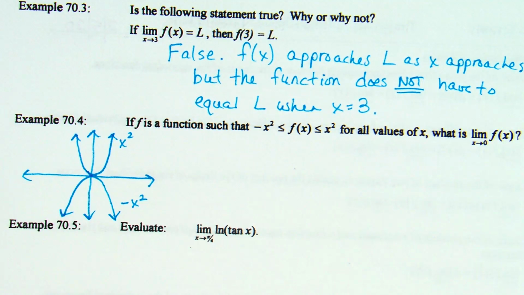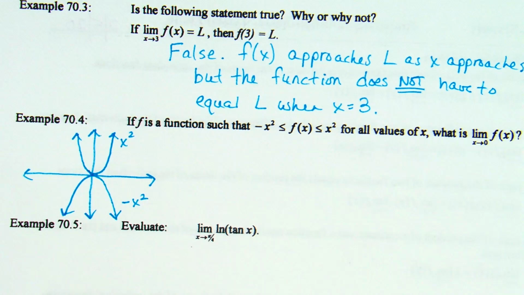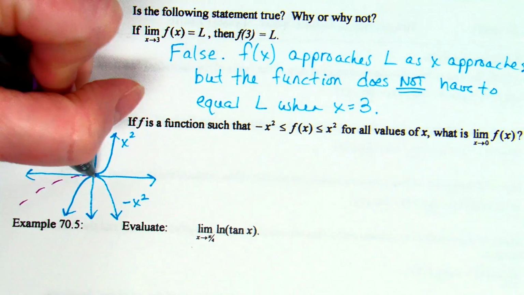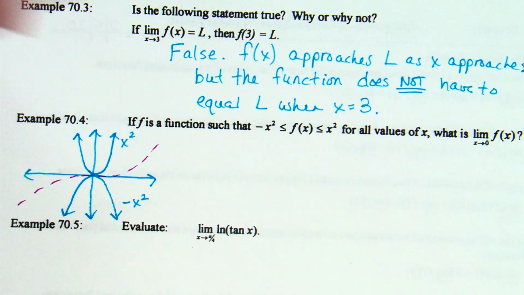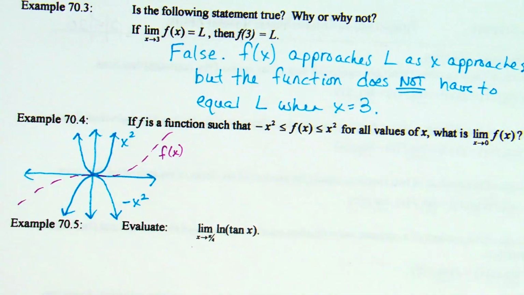Now, what do we know about f? We don't necessarily know what f looks like. Who knows what shape it is, but the idea is f somehow has to go between those two. I'm not saying it has to go between those two like that.